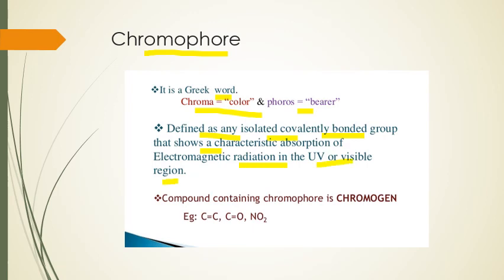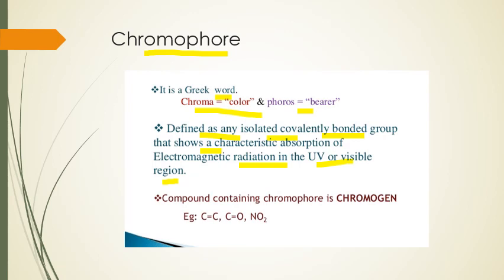Chrome means color, and you might say groups showing colors visible to us are chromophores, but it is a broader definition: any group that shows absorption of visible or ultraviolet radiation is considered a chromophore.